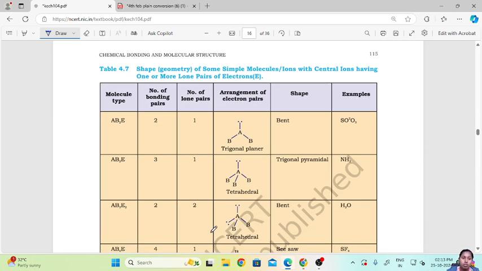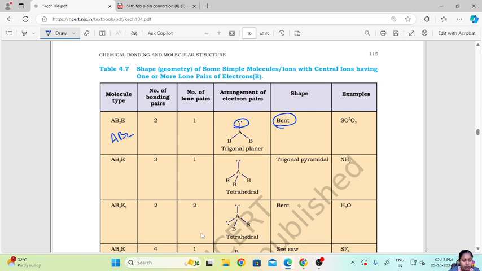What type of structure will it give? When there is an AB2 structure, without a lone pair it will form a linear structure, but when there is a lone pair associated with it, it will always give you a bent structure. A basic example is SO2.